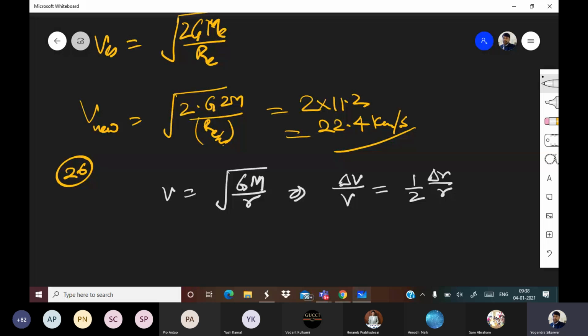I have used the formulas related to errors, which we have seen in errors. So 1 by 2 times 1% gives 0.5%. As there is an inverse relation, when you decrease the radius, speed will increase. So the answer is the speed increases by 0.5%.